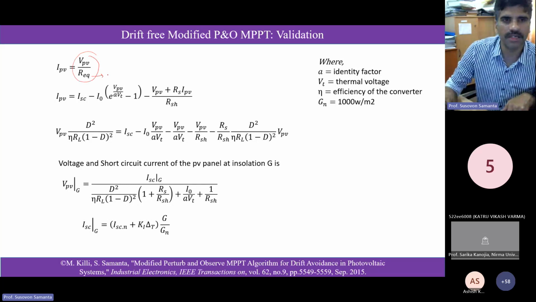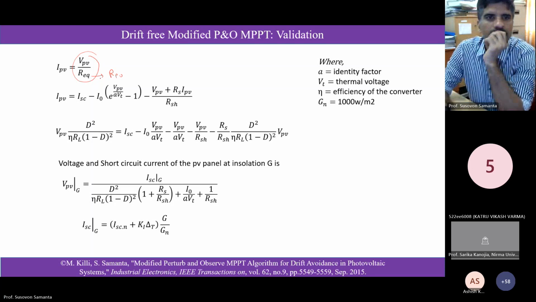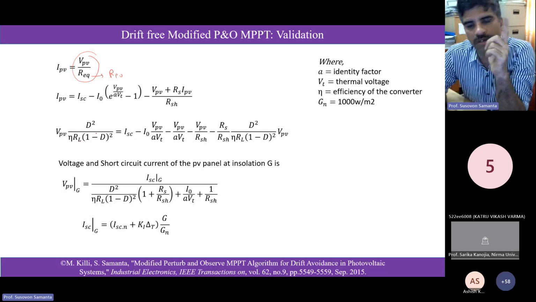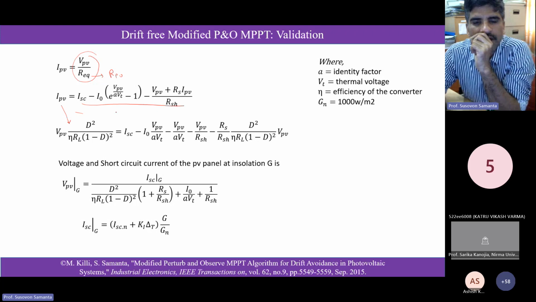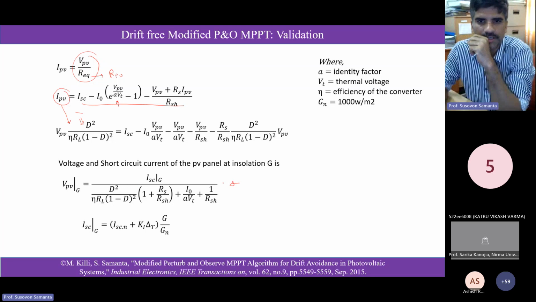This R equivalent is nothing but the R_PV that we have already derived, and R_PV in terms of R_L and D we have already derived previously. If I put this expression, and from the single diode model we know the panel current, the panel current in terms of the load resistance, duty ratio, and panel voltage can be expressed in this way. Then if you expand this exponential term till its first order, you will get this expression.